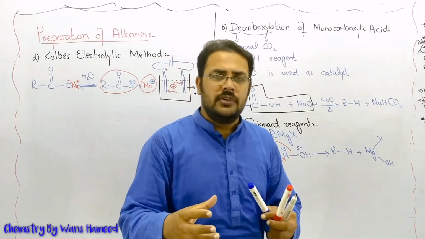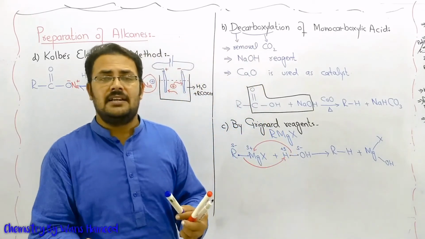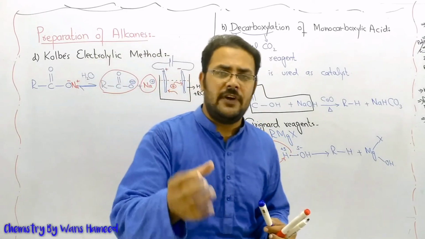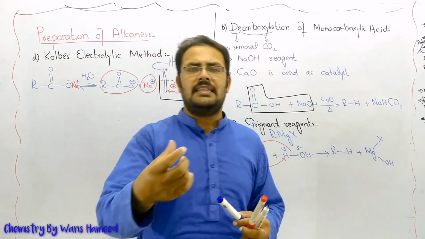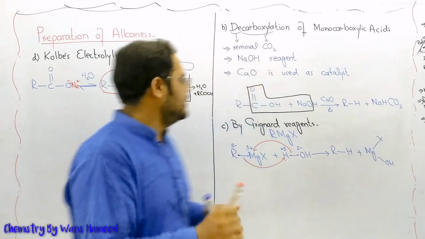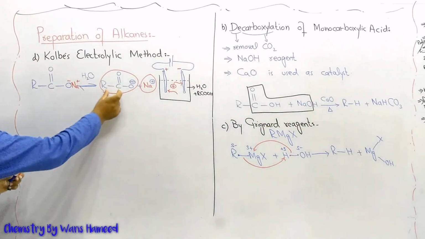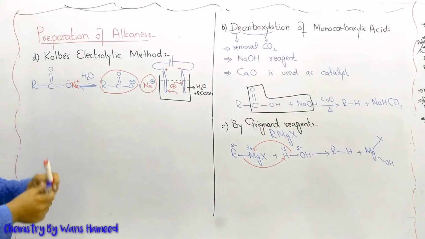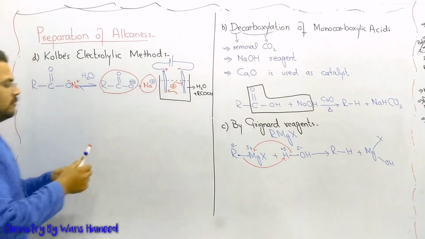If we use just carboxylic acid, there will be formation of hydrogen gas, and if we use sodium salt of carboxylic acid, there will be formation of sodium hydroxide. And in this case, what will happen? This negative part of carboxylic acid will move toward anode.